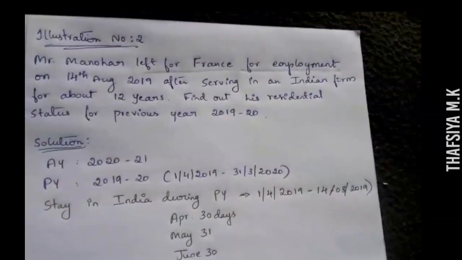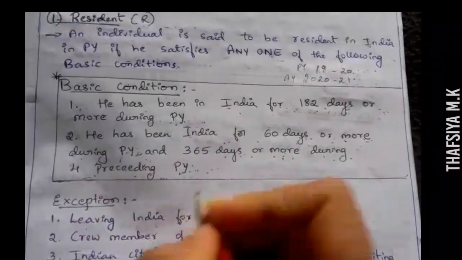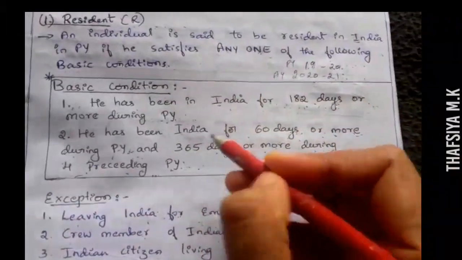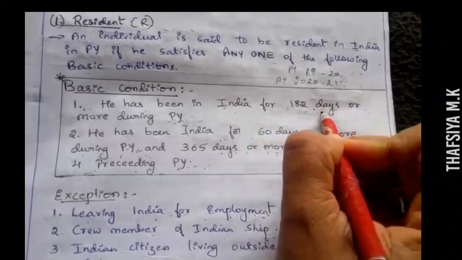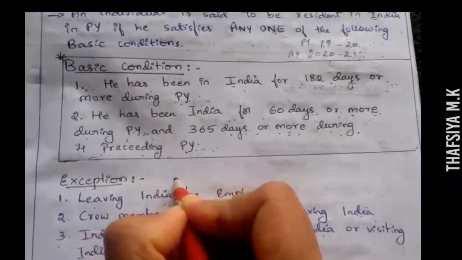In the exceptional cases, what is the rule? They don't have two options. They are an exception to the second condition. They must stay in India for 182 days. This is the exception to the 60 days.